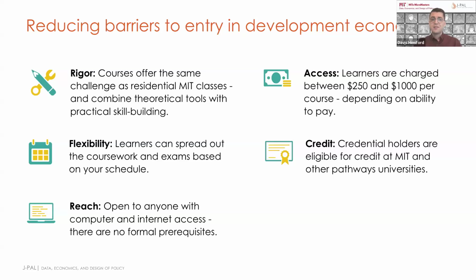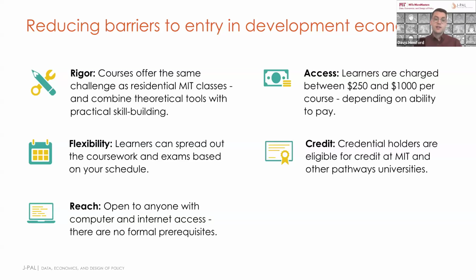The program, we like to think, is pretty flexible. You can choose which electives you take, and we run our courses during 3 separate terms every year. You're free to enroll anytime that a course is offered, and there are no formal educational or degree requirements. We hope that this gives the program as wide of a reach as possible. All you need is a computer and internet access to take our courses.